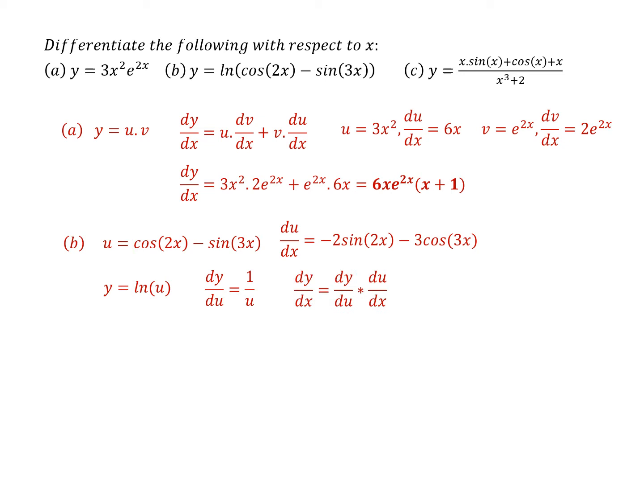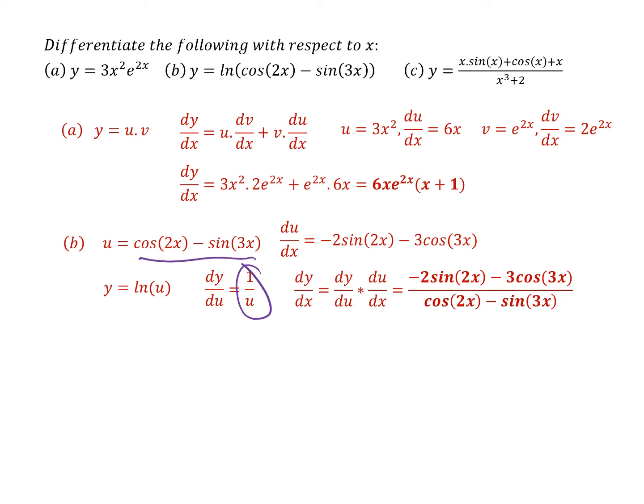So the chain rule says dy dx is dy du multiplied by du dx. So dy du is this, and du dx is that. So there we are: 1 over u, but u, remember, is cos 2x minus sine 3x. So there's the 1 over u multiplied by the du dx on the top.